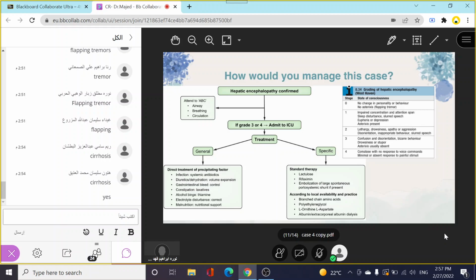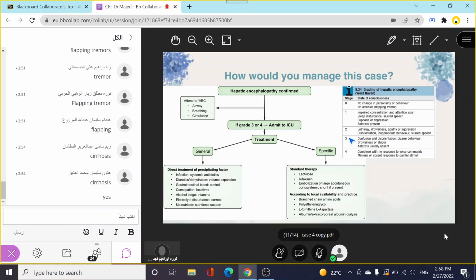Okay. Now, how would you manage this case? Let's see the grading of the hepatic encephalopathy according to the West Haven grading. Grade 0, there are no changes, no ataxia. Grade 1, impaired concentration and attention span, sleep disturbance, slurred speech, euphoria or depression. For grade 2, it could be lethargy, drowsiness, apathy, aggression, and also disorientation, inappropriate behavior, slurred speech.